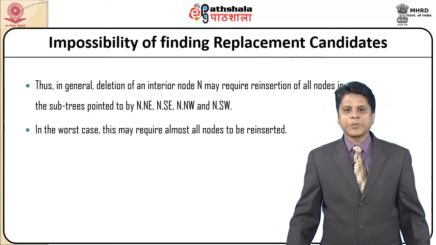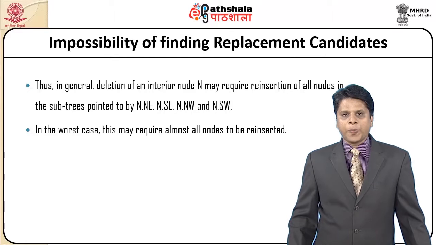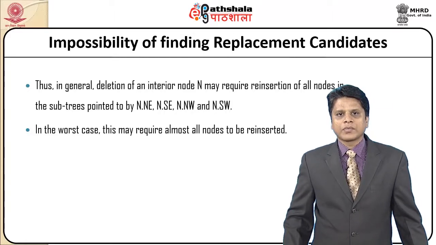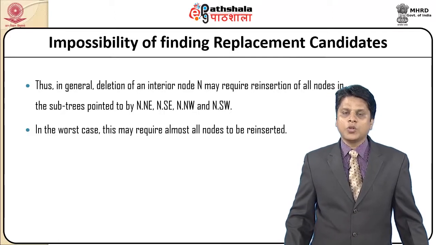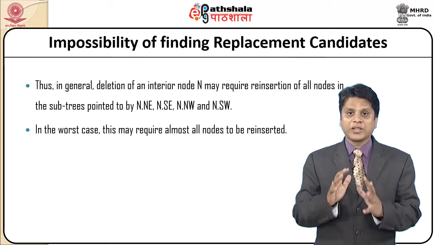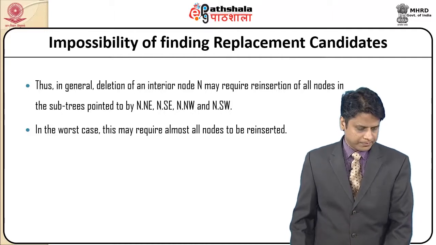In the worst case, this may require almost all nodes to be reinserted. So there may be worst cases where all nodes have to be replaced if a specific node in the tree is to be deleted.